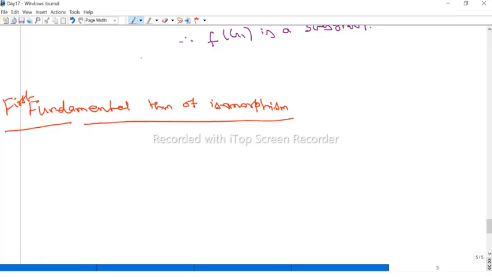It simply says: suppose we have a homomorphism from one group G1 to G2.